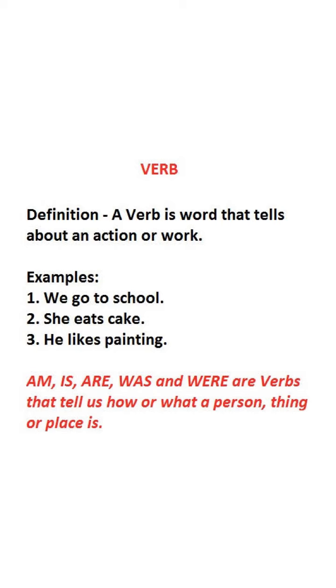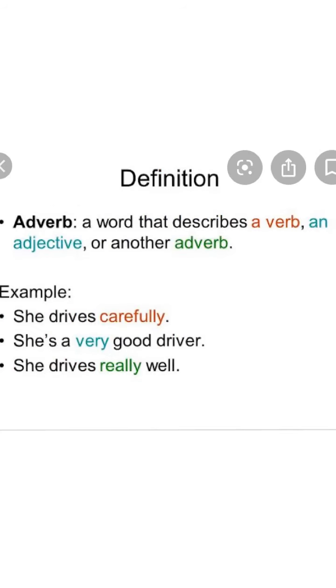These are the forms of be. Am, is, are, was, were are forms of be. You have studied in class 5 about this. And these words are also known as auxiliary verbs or helping verbs.